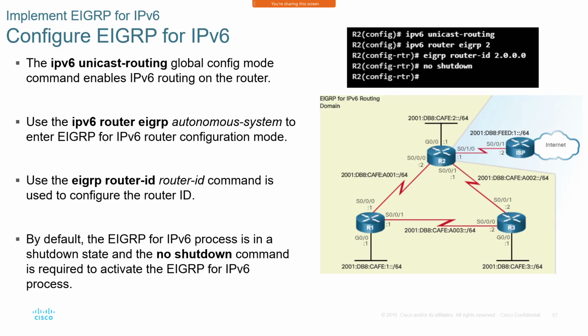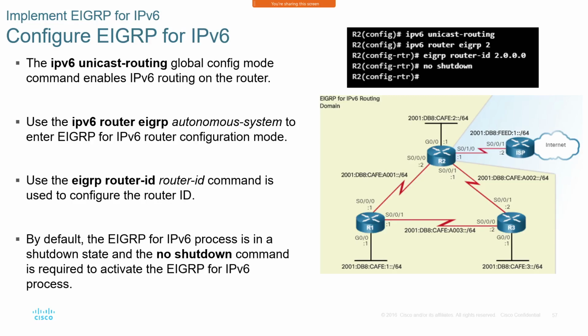So if we forget to assign the router ID and we don't have any IPv4 interface on the router that we want to configure EIGRP for IPv6, it is not going to work. We actually need to go to the router itself and set a router ID manually, or at least we need to have one of the interfaces with one IPv4 address.